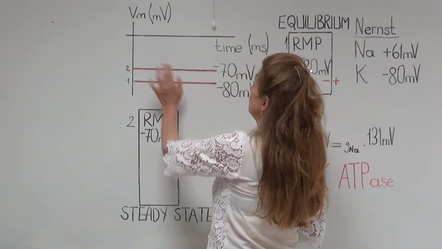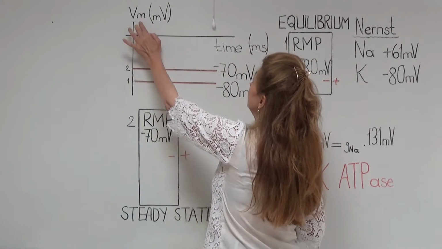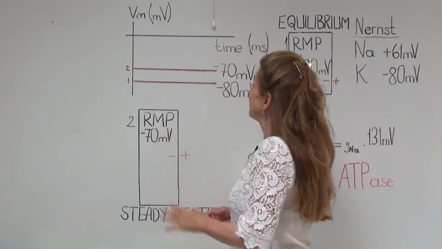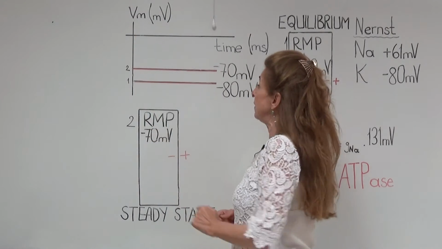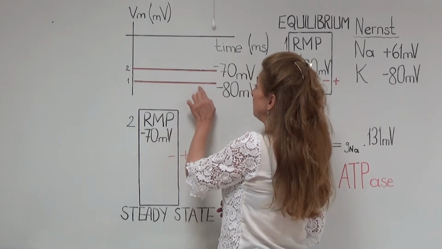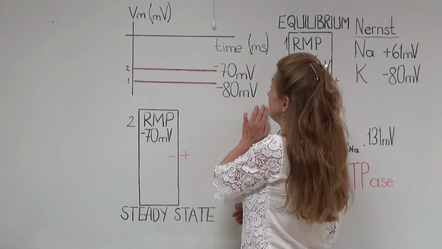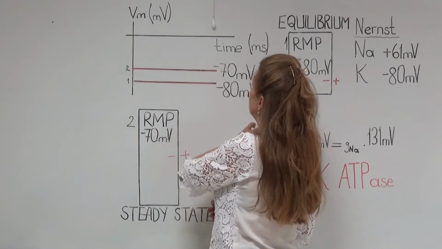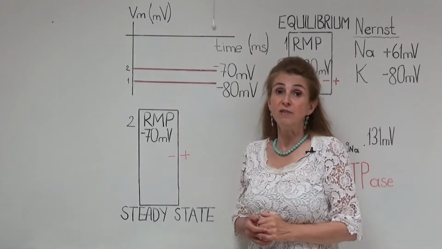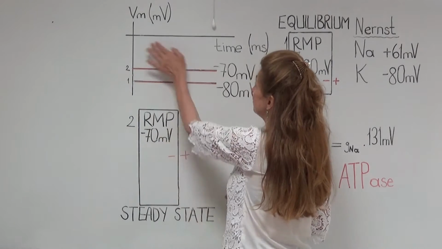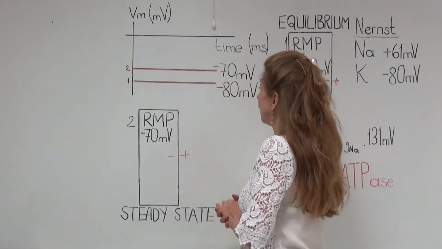This graphic shows what happens to the membrane potential as time goes on. We have two recordings here. Cell number 1 has a constant resting membrane potential at -80 millivolts, and cell number 2 has a constant resting membrane potential at -70 millivolts. So we do not see any change in the potential as time goes on.